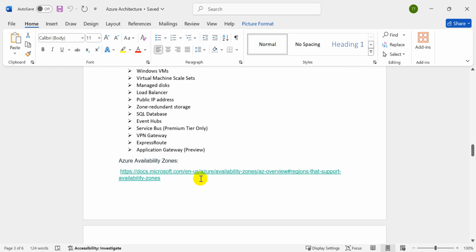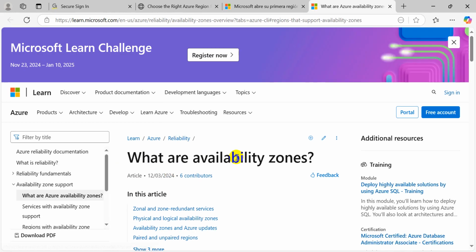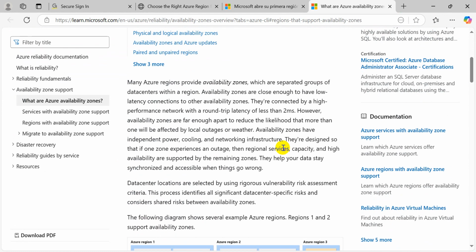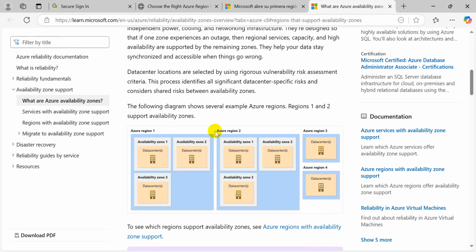Now let's see how Azure availability zones look here. Later I will share the screen, and you can refer to the documents. You can see what the availability zones are. There is a lot of very good documentation on that. You can see you have data center zone 1, zone 2, and zone 3, and how they are defined here.